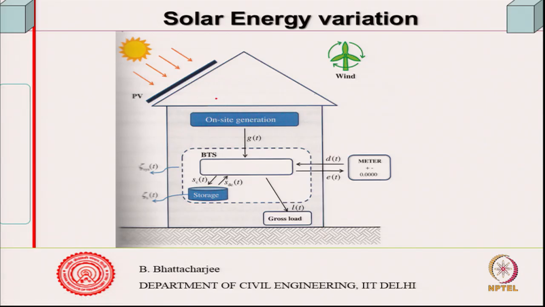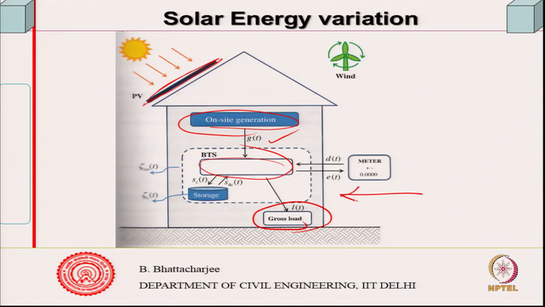So, there is a certain amount of casual heat gain into the building and heat gain into the building through fabric, etc. Now, you can capture some of the solar energy that comes onto the building envelope using photovoltaic and any other on-site generation based on this. You can have on-site generation, that is GT, let us say.